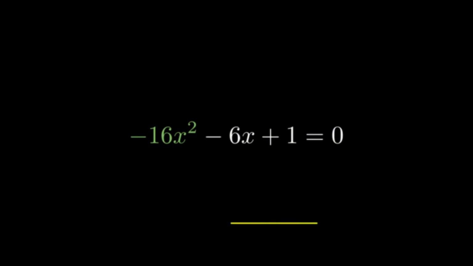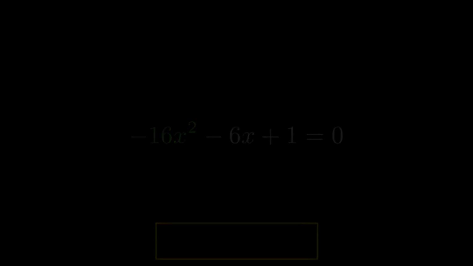This final form, -16x^2 - 6x + 1 = 0, can now be solved using standard methods like factoring, completing the square, or the quadratic formula. Notice that we can also divide all terms by negative 1 to get a positive leading coefficient if preferred. Let's examine our quadratic equation, -16x^2 - 6x + 1 = 0.